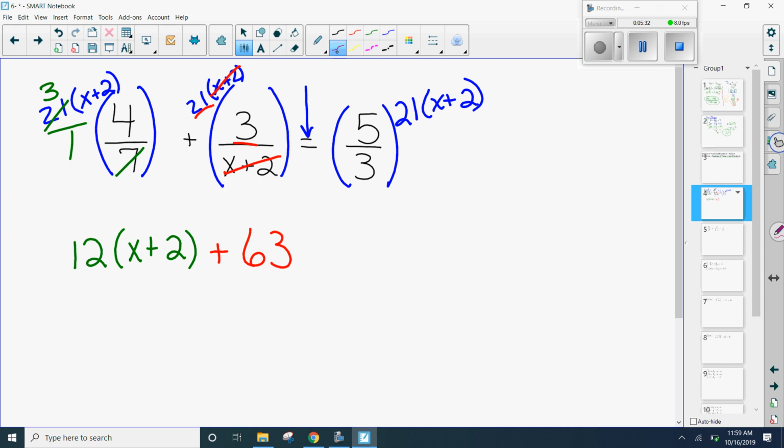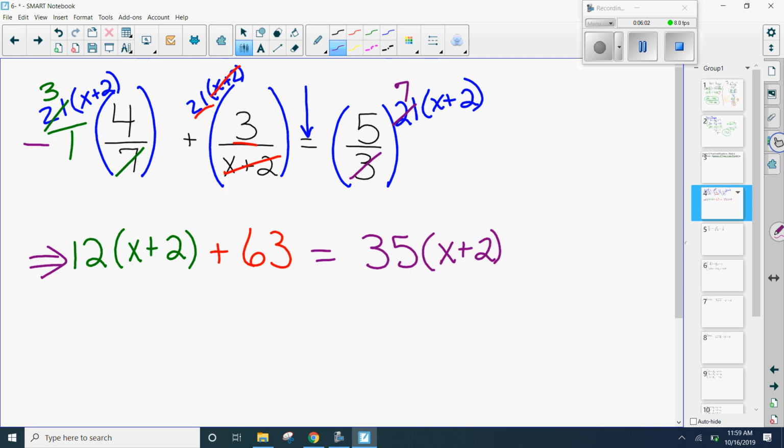If we look at the last term, on the right-hand side of the equal sign, 3 goes into 21 7 times, and you end up with 35 times the quantity x plus 2. You got rid of the fractions. Does this look easier to solve than what we started with?